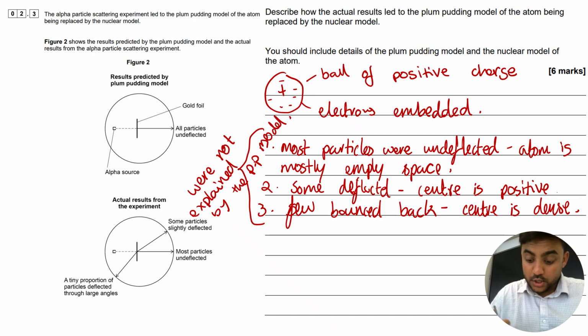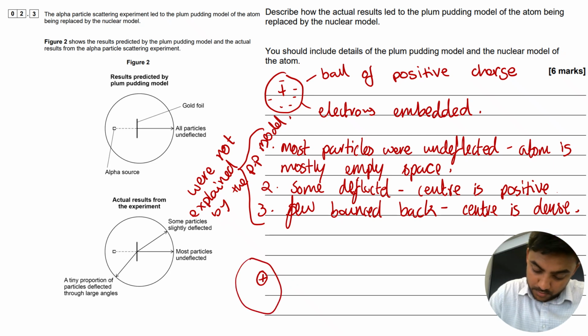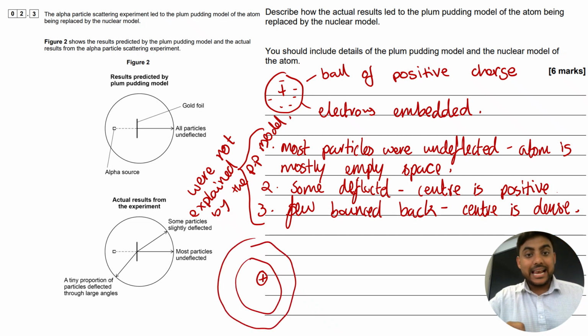Then, what does the nuclear model now look like? Positive charge in the middle, and it's small. Atom is mostly empty space, and electrons orbit the nucleus. We don't know that they orbit in shells yet, but we do know that they are somewhere orbiting the nucleus.